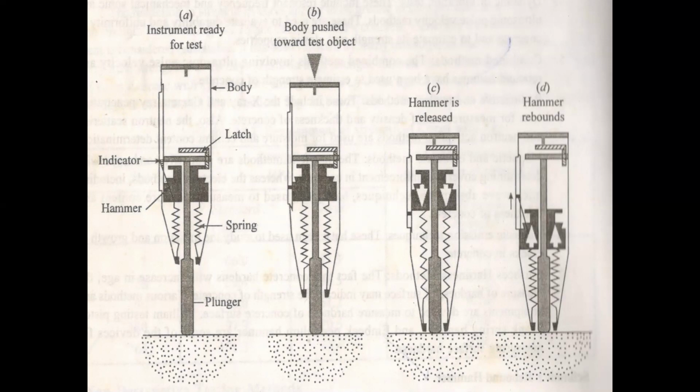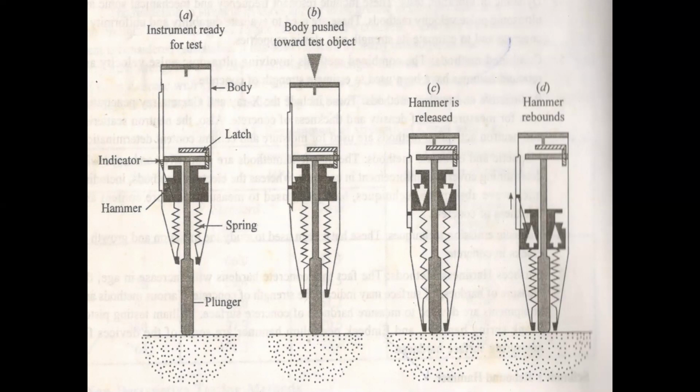So it's a spring-loaded mass which has a fixed amount of energy imparted to it by extending the spring to a fixed position. This is achieved by pressing the plunger against the surface of the concrete under test.